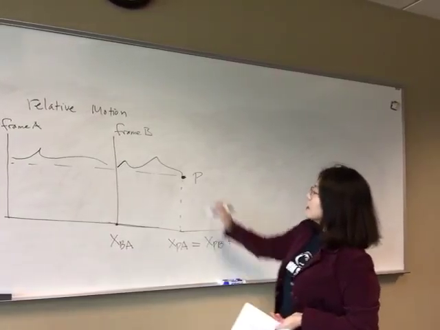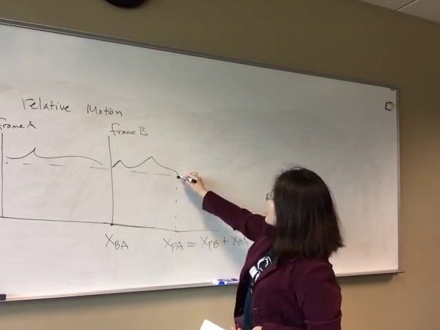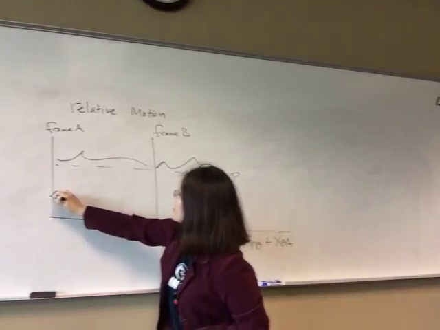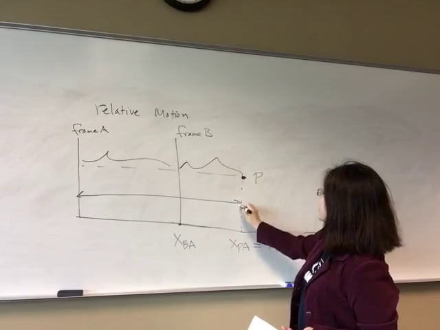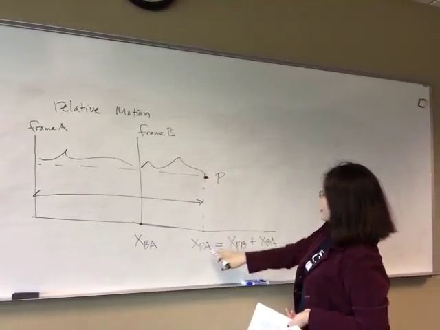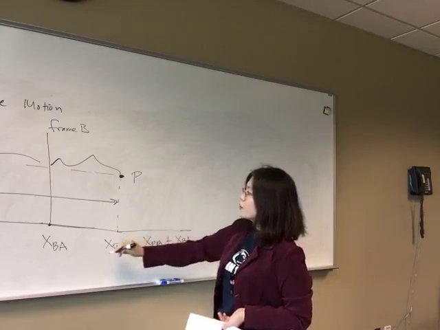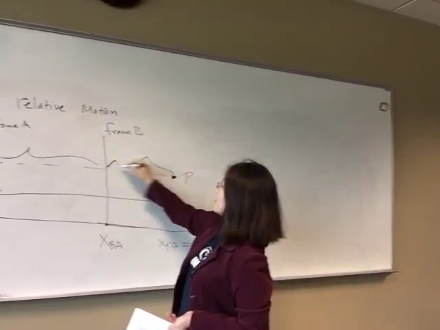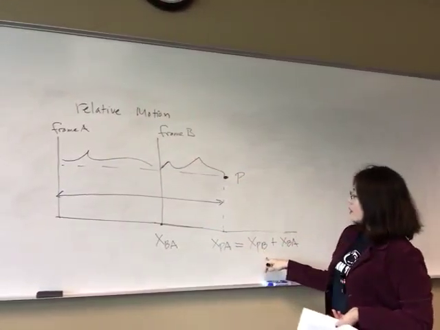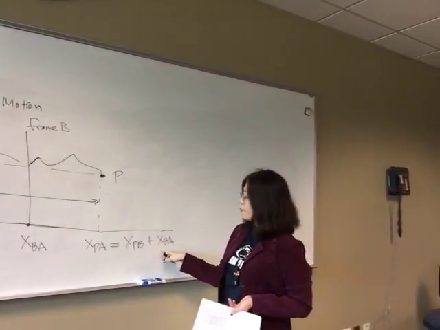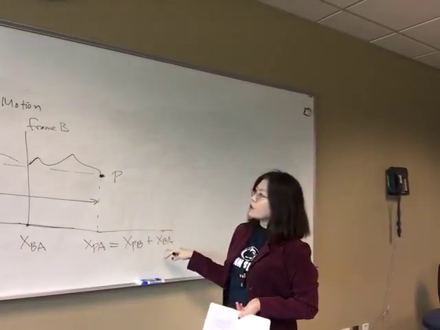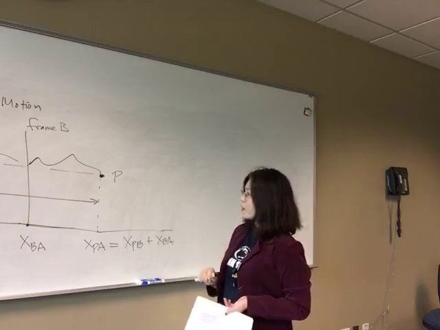Okay, so in other words, when the object is represented using frame A, this is position x_PA, and it has to be equal to the position when it's represented in frame B, and then plus the separation between frame A and frame B.